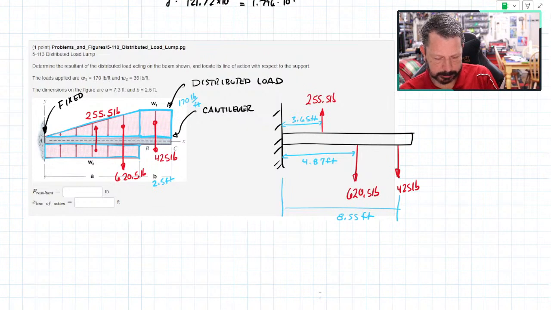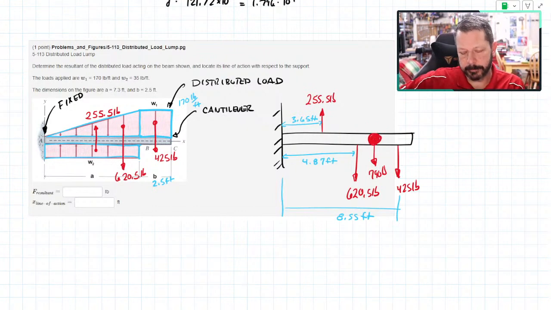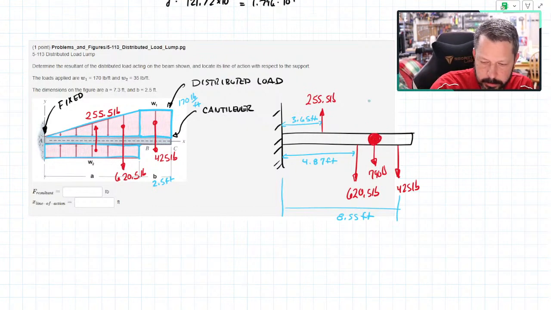So 790, I believe. And that 790 is going down. I'll just put it right here for now. So that's the equivalent force. Now I just need to know, where do I put it?